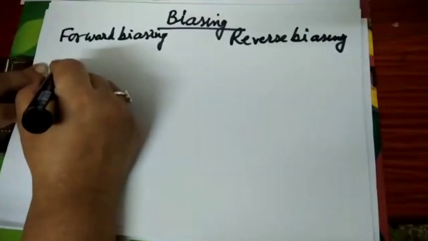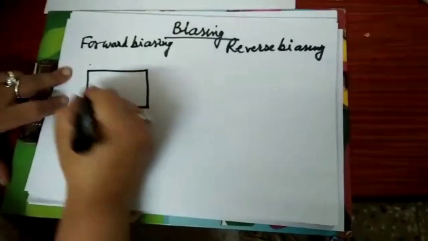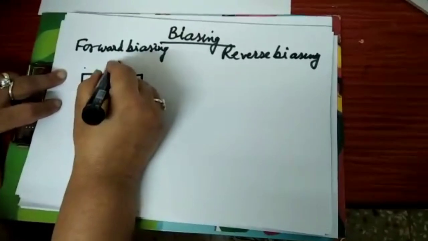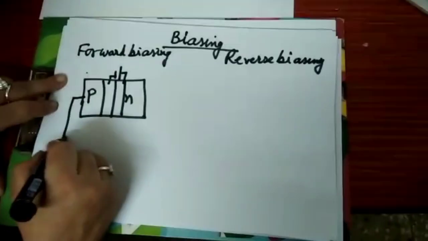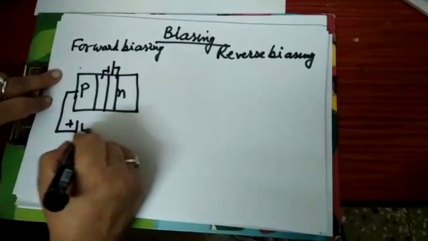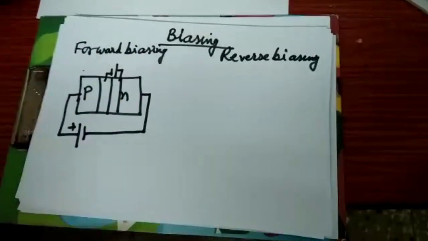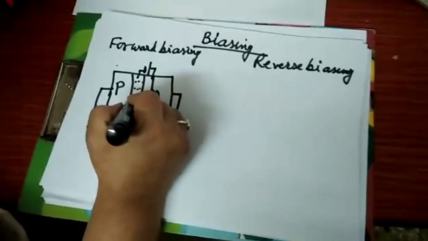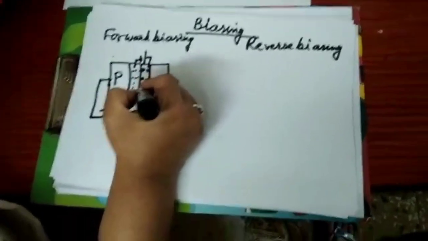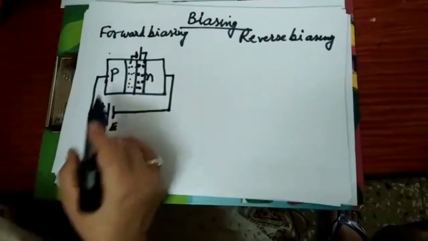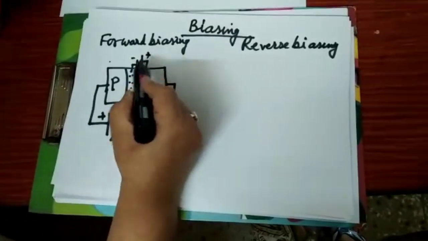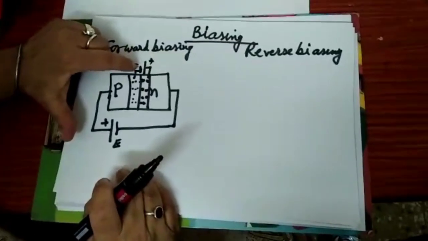In forward biasing, the P-type is connected to the positive terminal of an external battery or source, and as a result, the P-type becomes stronger due to this positivity given to P, and the negative of the fictitious battery becomes weak.